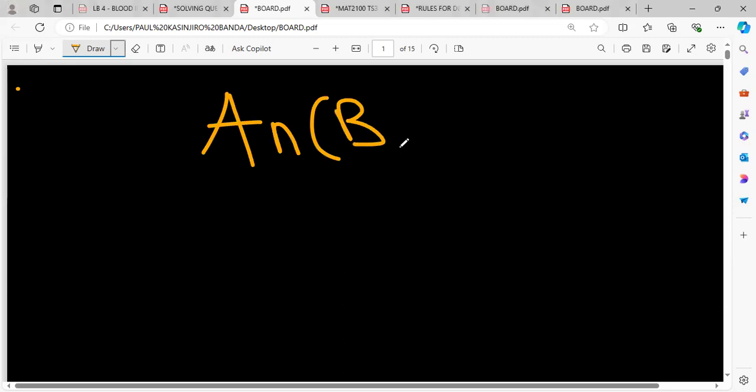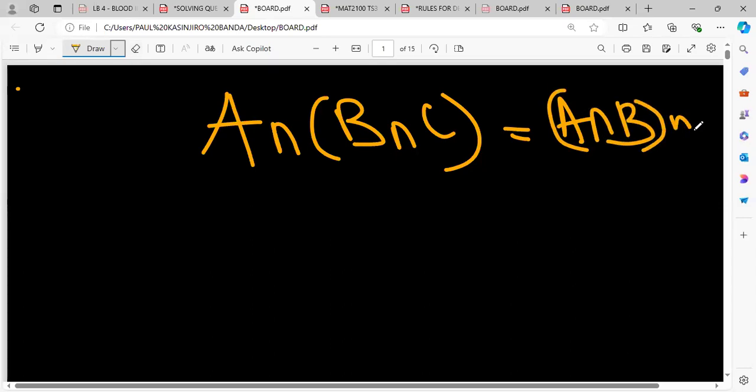For example, if I have A intersecting B intersection C, this will be the same as A intersection B and then intersection C. So it doesn't matter what you start with, it will just be the same.